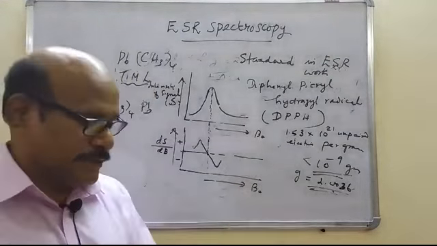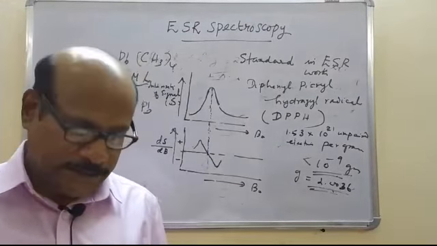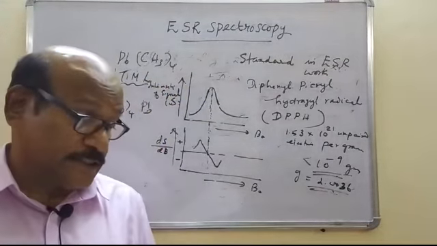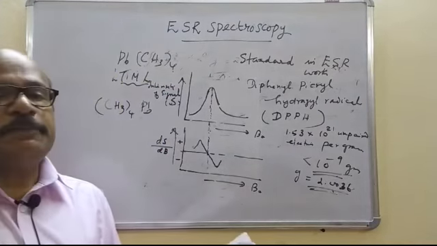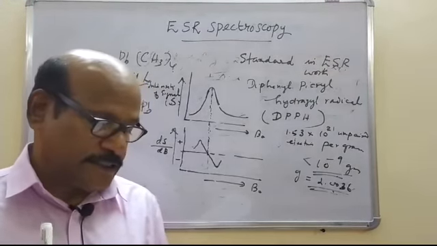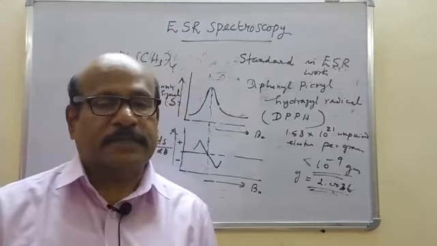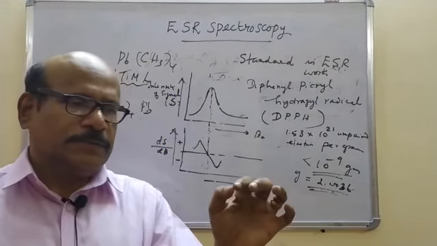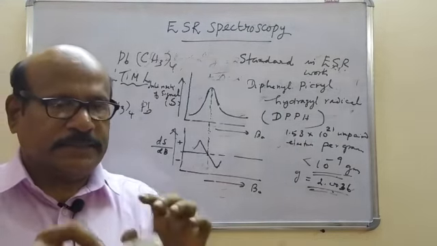So the other standard that can be used is chromium-3, entrapped in a tiny chip of ruby crystal and then cemented permanently to the sample cell. Chromium-3 is an unpaired electron species.